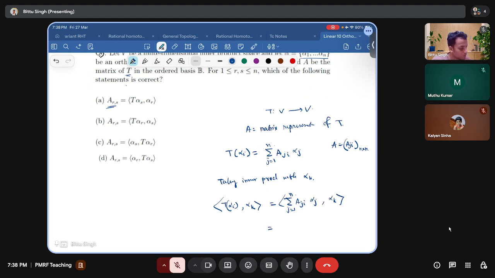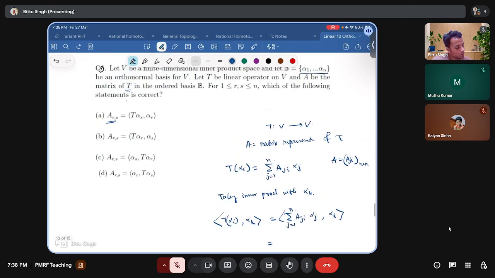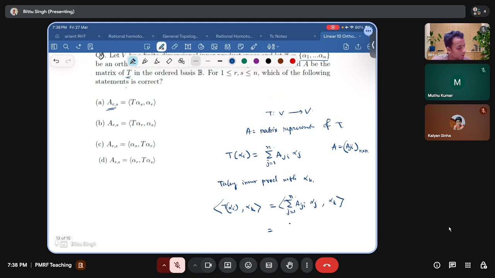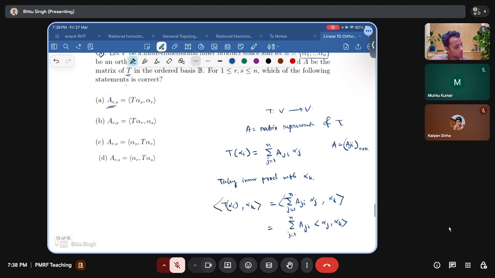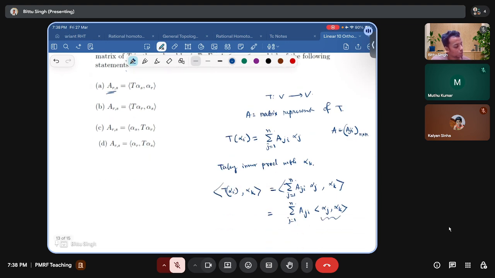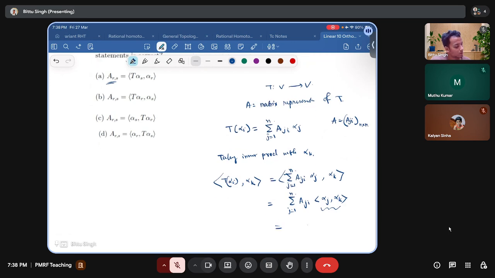Note that this is orthonormal, right? So first I use the property of inner product. Now by orthonormality, this term will survive if and only if the index j is the same as k. So this is nothing but a_ki times 1, and all the other terms are 0.